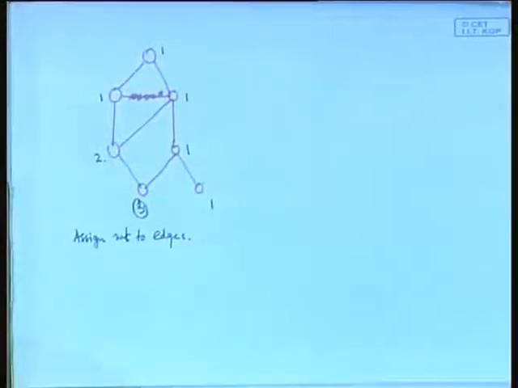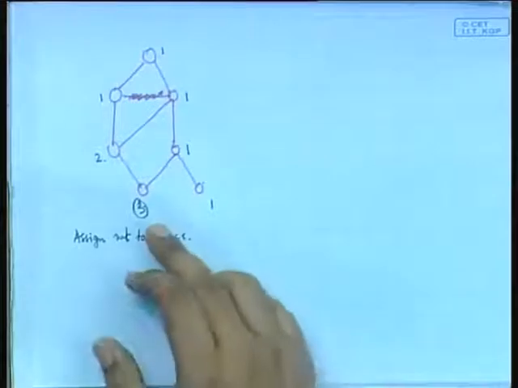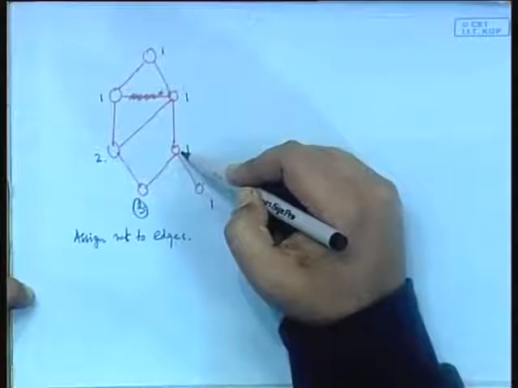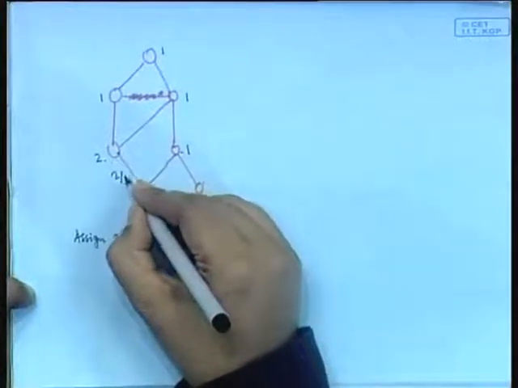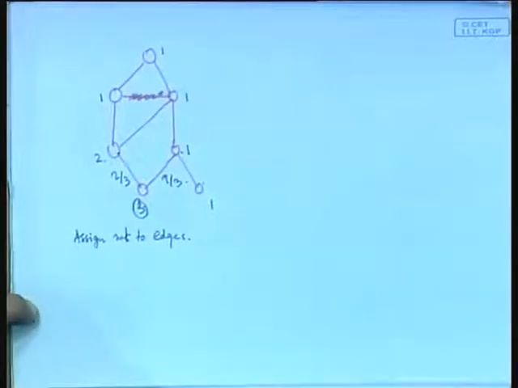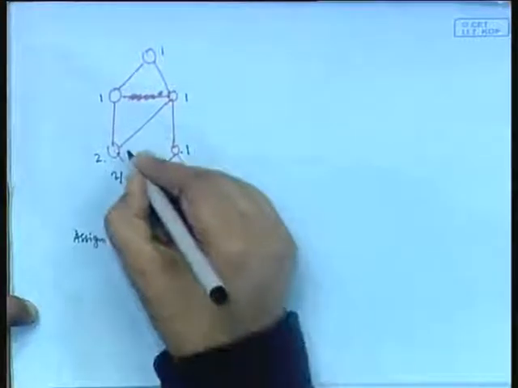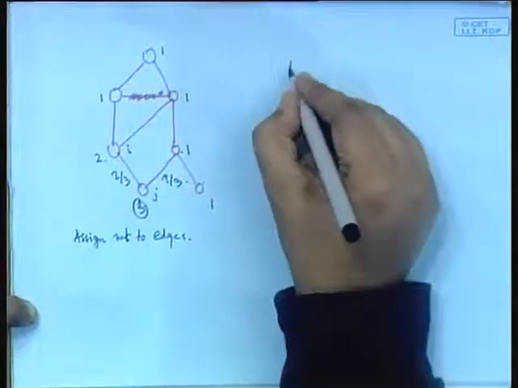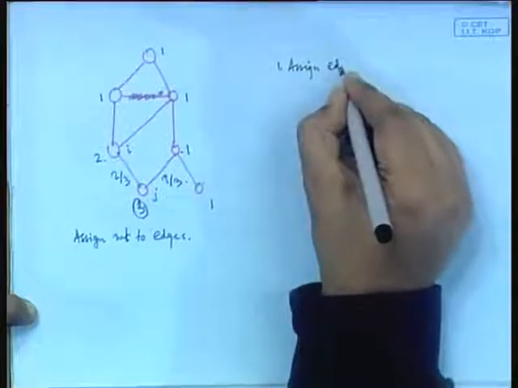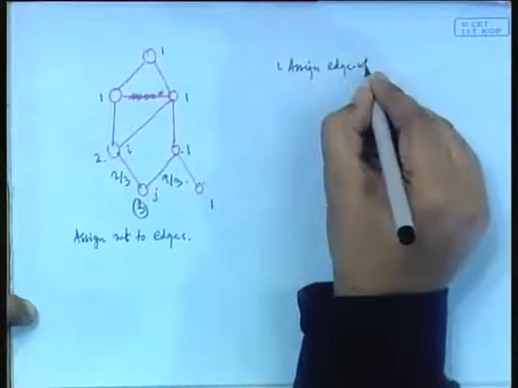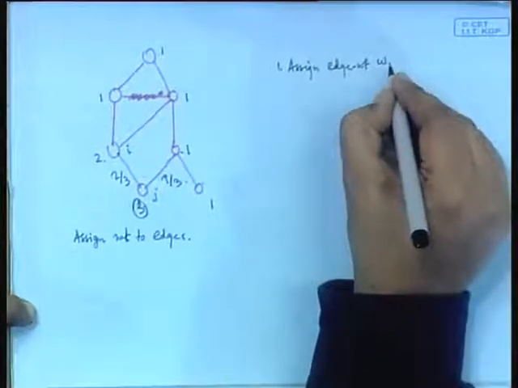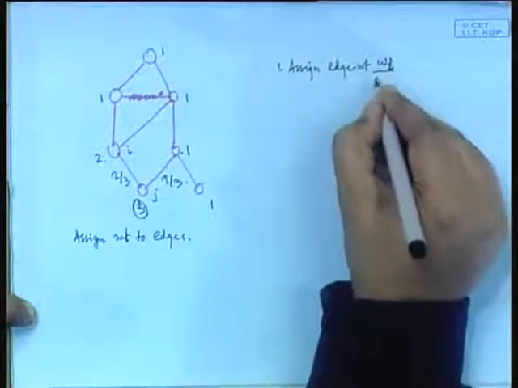There have been 3 shortest paths coming through this node, and 2 have come from here and 1 has come from here. So, here I will assign 2/3 and here 1/3. So, if I think of this as j and this as I, assign edge weight W_j minus W_I by W_j.